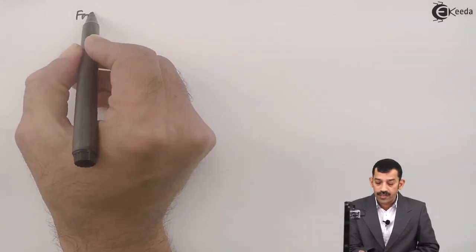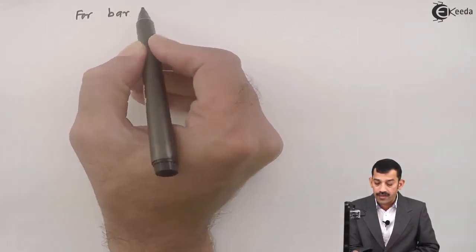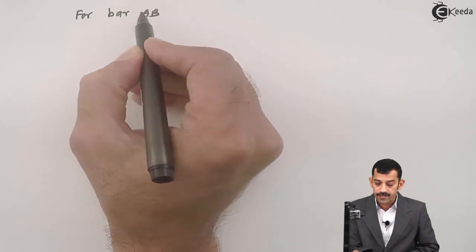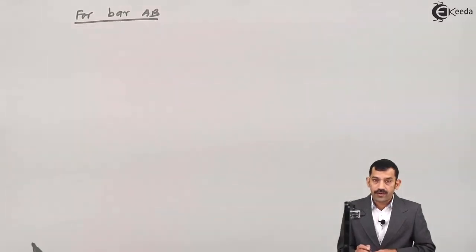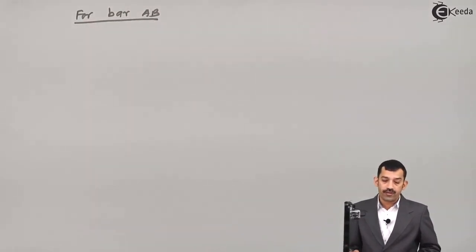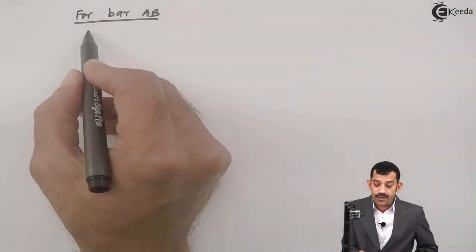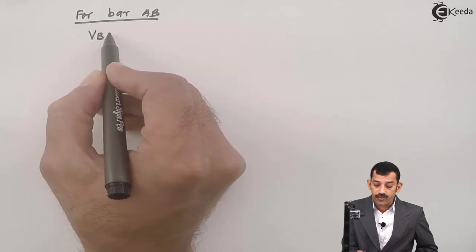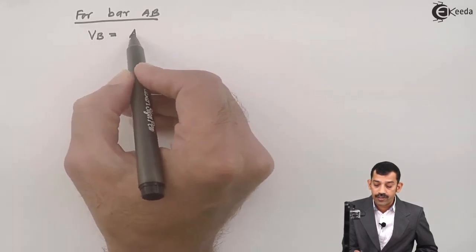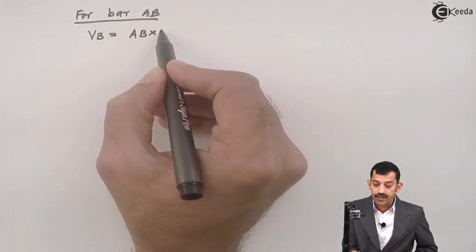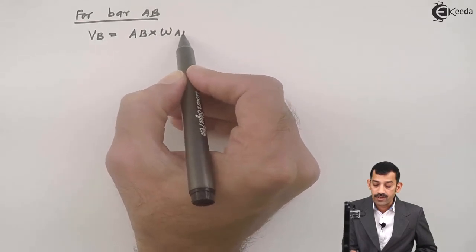For the first bar, that is for bar AB, if you want to find out linear velocity, it is always V equal to R omega. Therefore VB, as it rotates about point A, radius of rotation is AB, and angular velocity of rod AB.